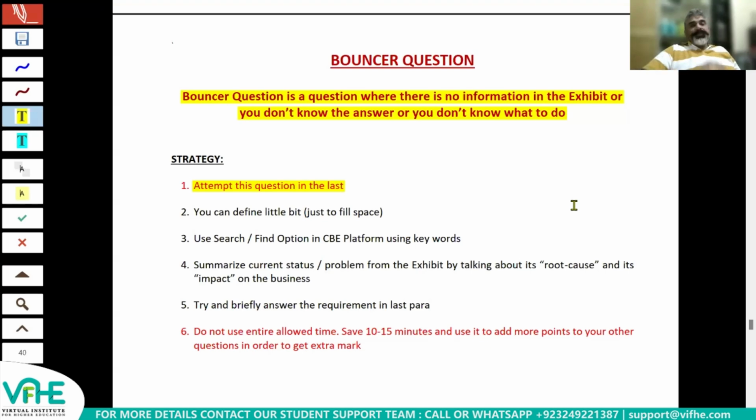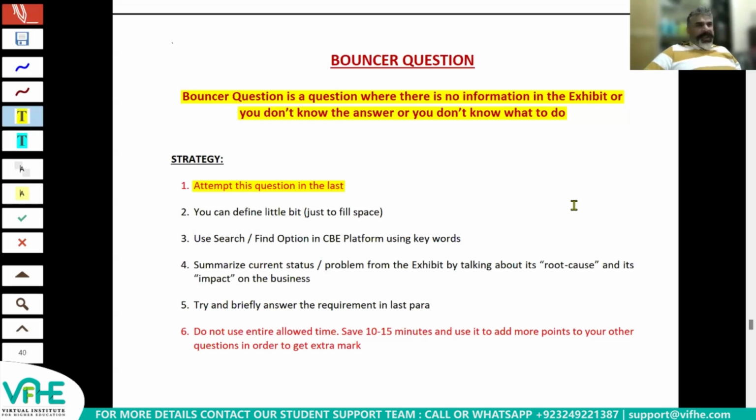What do you think? For example, if it is worth 10 marks, how much time is allowed for 10 marks? 18 minutes, right? If I am smart, I will not utilize the full 18 minutes for a bouncer question.